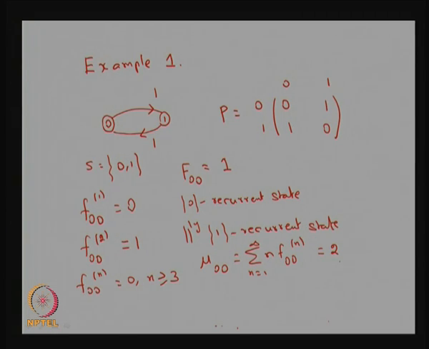And this is going to be a finite quantity, therefore, you can conclude the state 0 is the positive recurrent state. The same exercise you can do for mu 11, that is also you may land up getting the value equal to 2, therefore, you can come to the conclusion the state 1, that is also positive recurrent state.